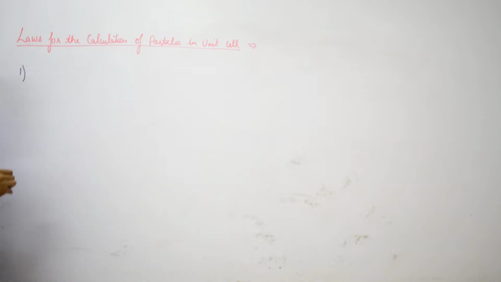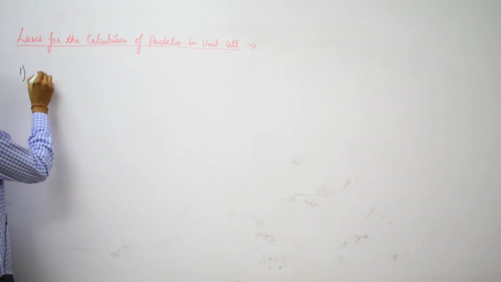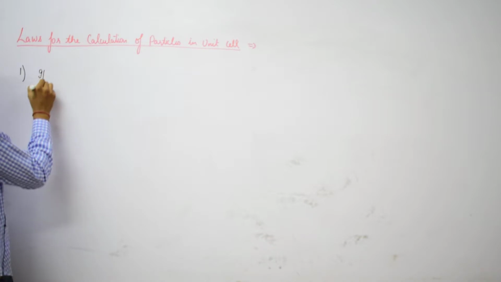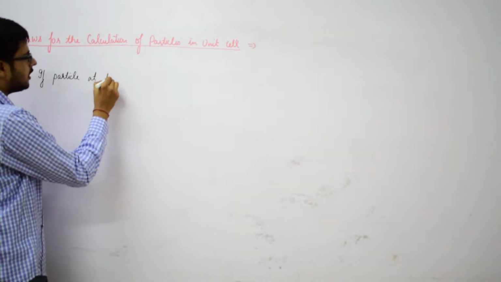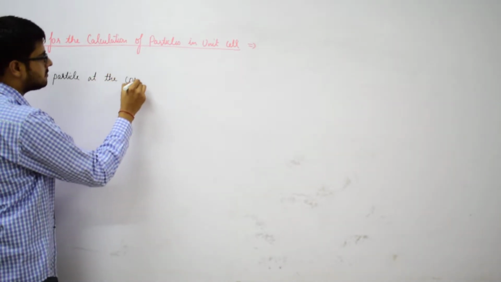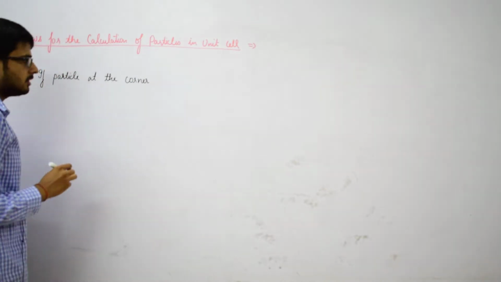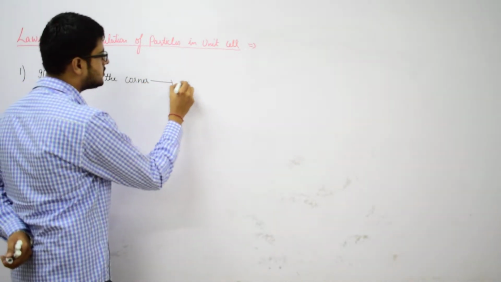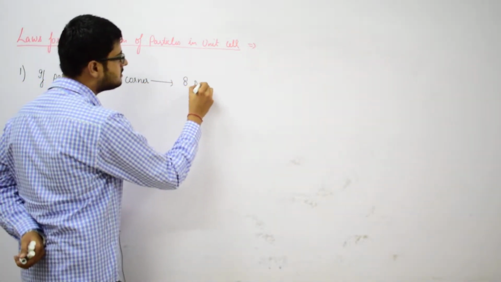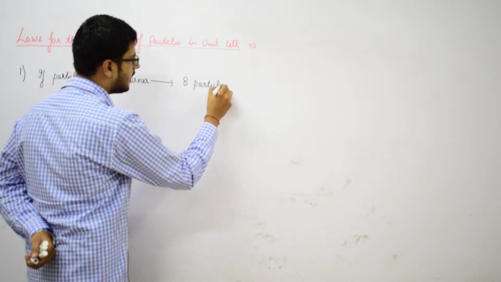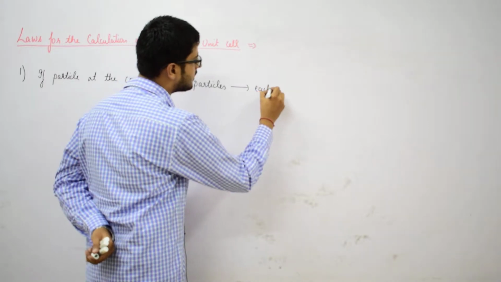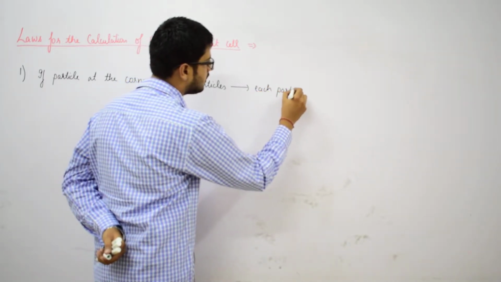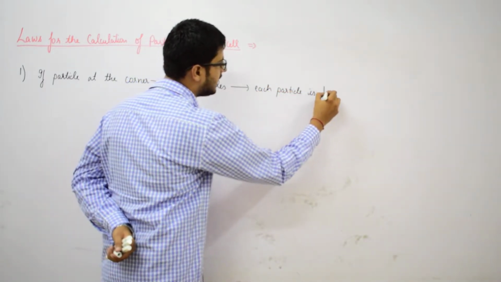The first one is, if the particle is present at the corner, what happens? It is shared by 8 other particles, and hence the contribution of each particle is 1 by 8.